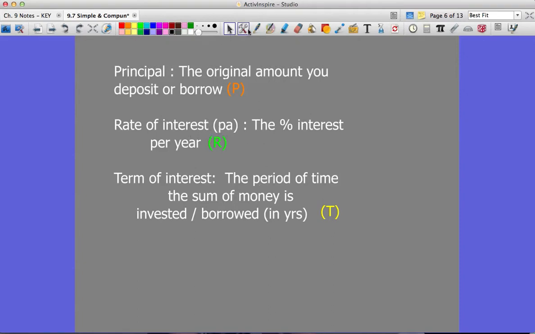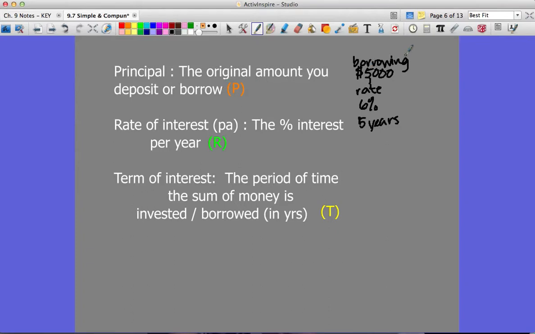When we talk about examples, if you're borrowing 5,000 at a rate of 6%, and you're going to pay it back in 5 years, you can put this in each example box.